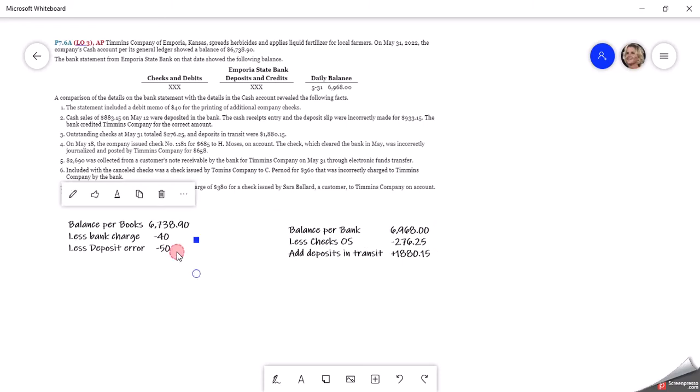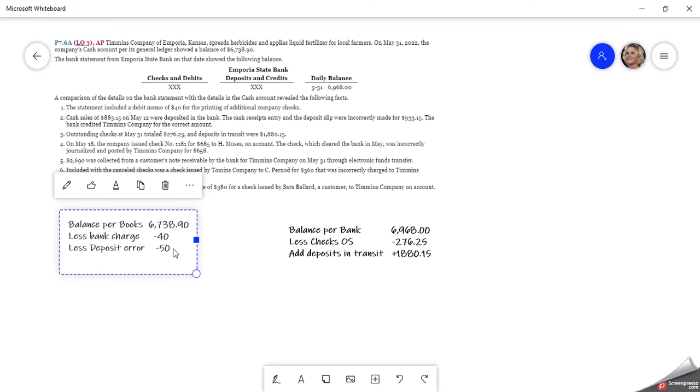So there was a transposition error there. So they recorded less than what it really was. That is going to be less $27.